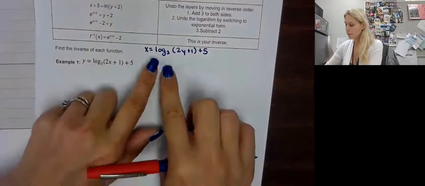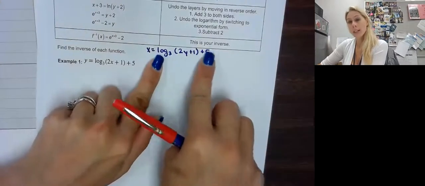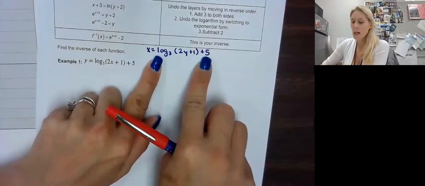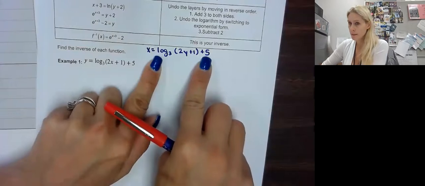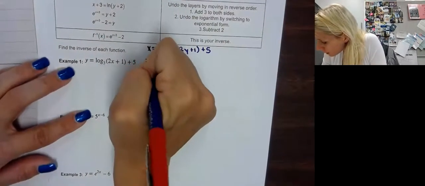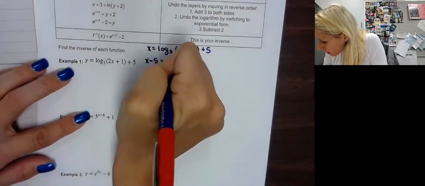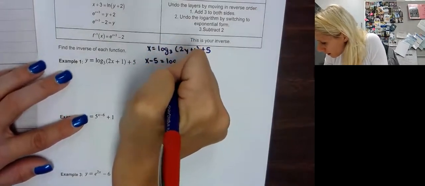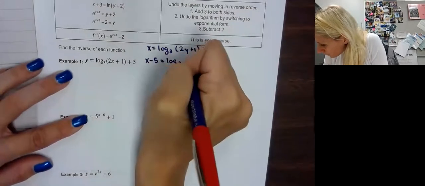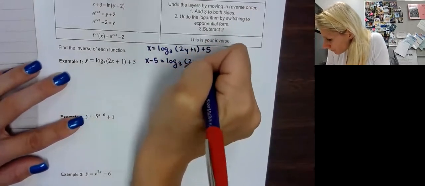Before I can get rid of log base 3, I have to get rid of this extra on the outside here, that 5. How do I get rid of that 5? I subtract it from both sides. So on my left side, I get x minus 5 equals log base 3 of 2y plus 1.